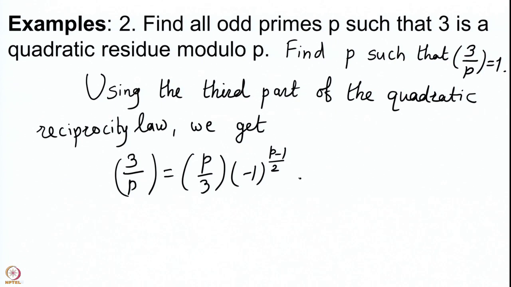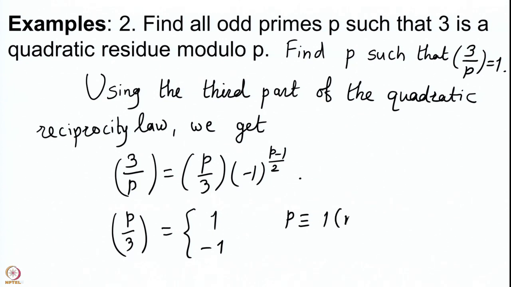So, this is what we have. Now, here p by 3 is equal to 1 or minus 1 depending on whether p is congruent to 1 mod 3 or whether p is congruent to 2 mod 3.